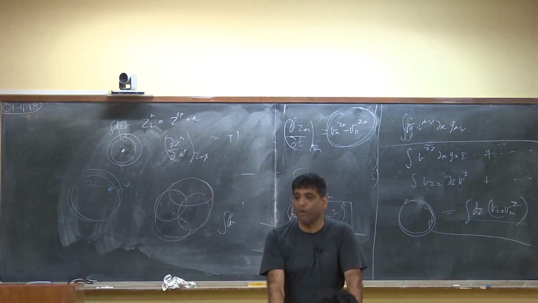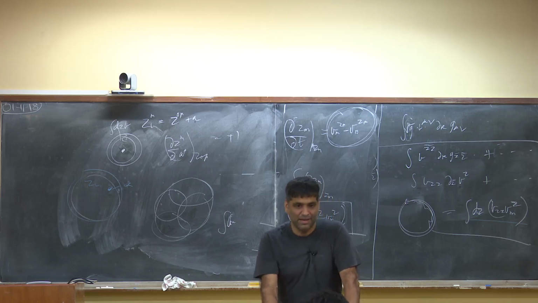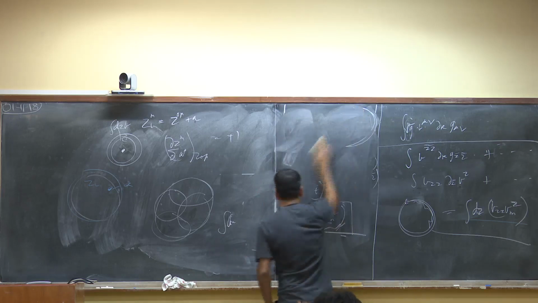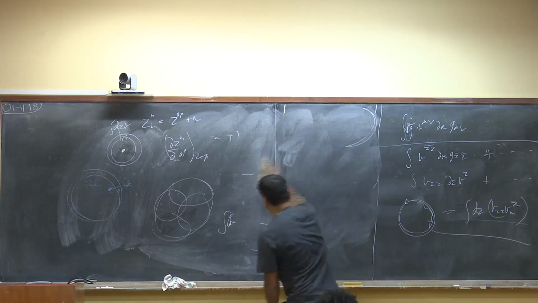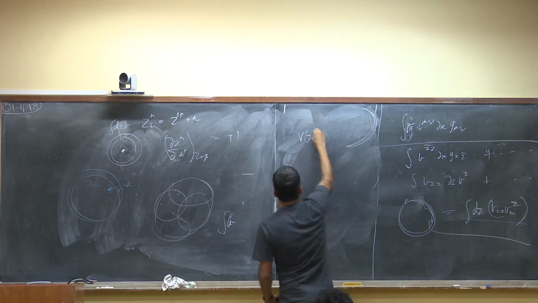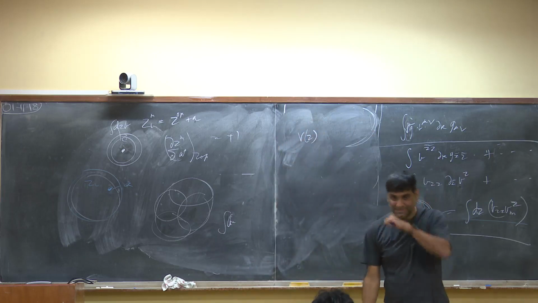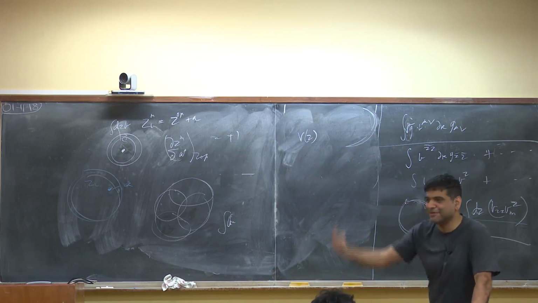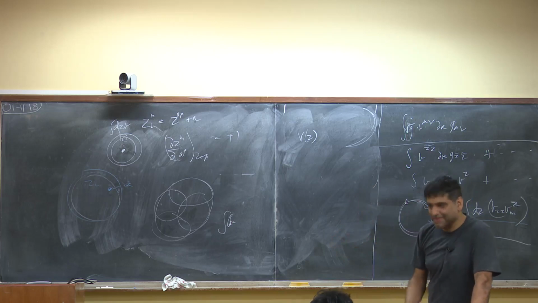Now, for the integrated vertex operators, we did not have an integral dz b. What we had was just V of z. But now you can ask, can I change that V of z and add in an integral b so that the final result won't change?